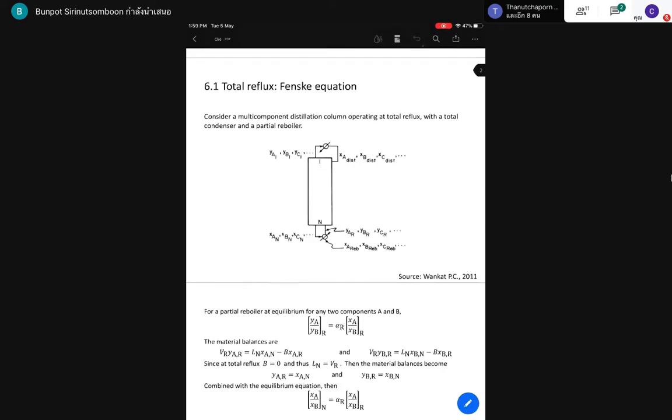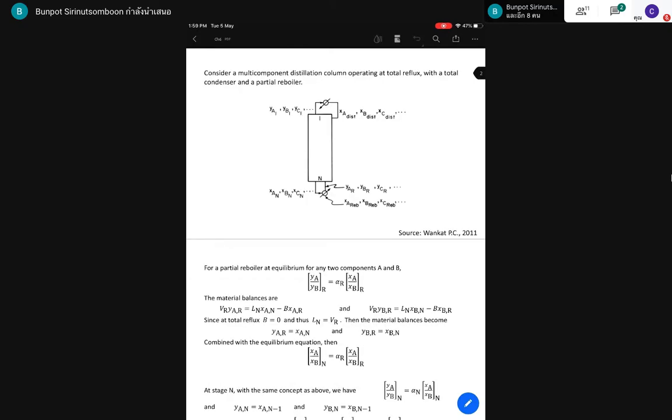Of course in real application we don't use total reflux. We want to get something out of the column, right? We want to get a bottom, but in this theoretical situation, we assume the total reflux to get the lowest number of stages possible.